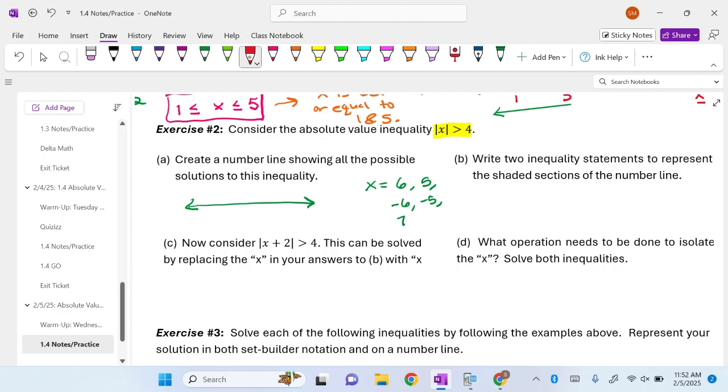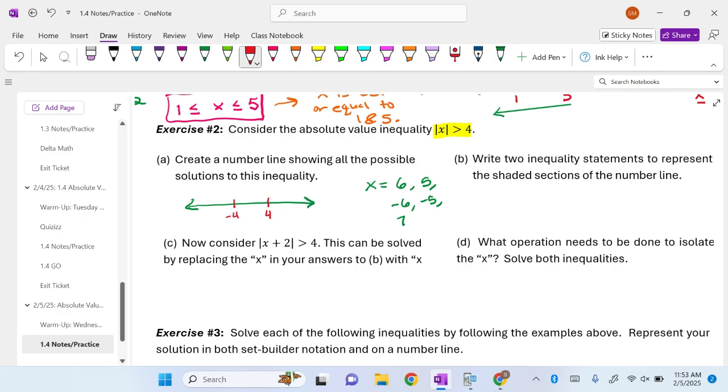So I'm still going to have a -4 and a 4. Why would -4 and 4 not work? So if I plug in -4 and 4 in for x, why would that not work? Landon. Because it's not equal to.